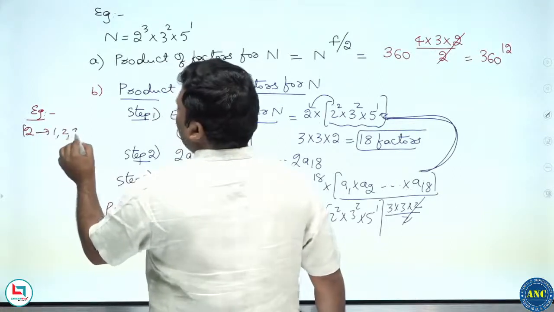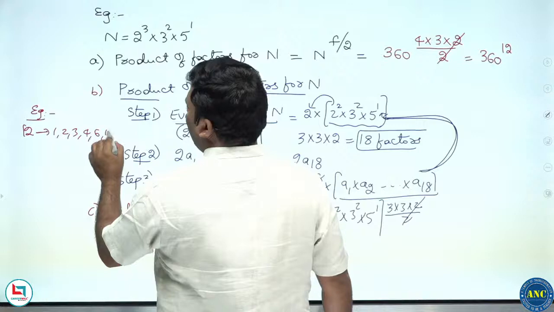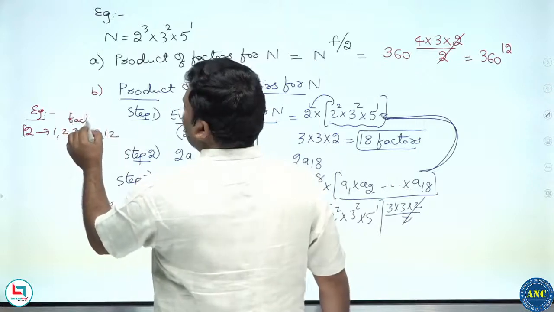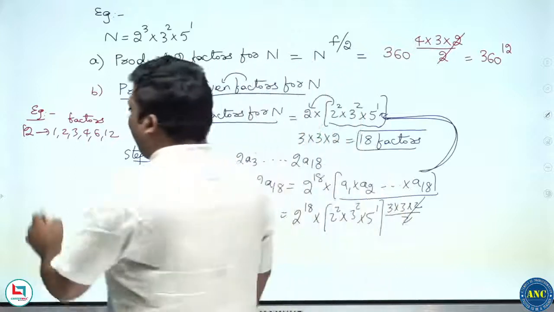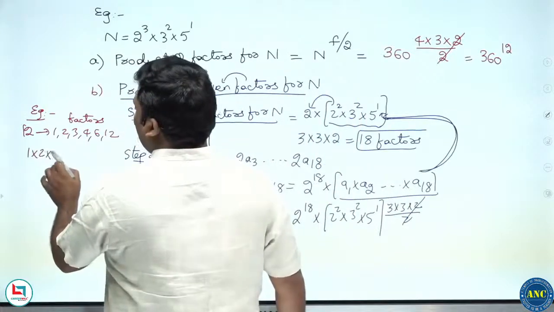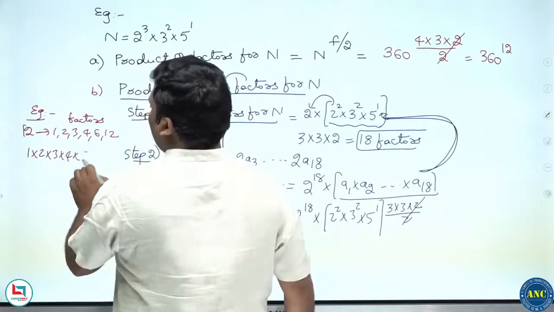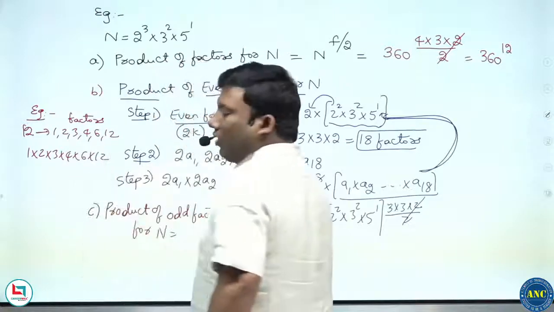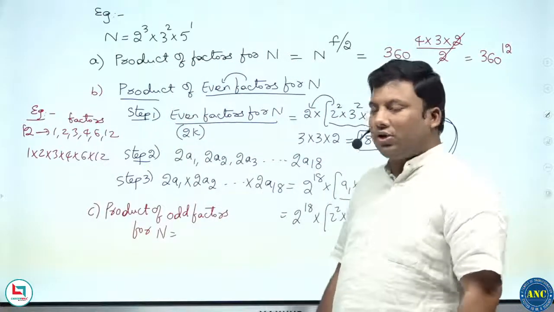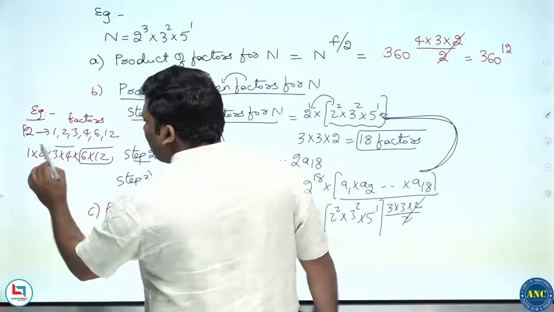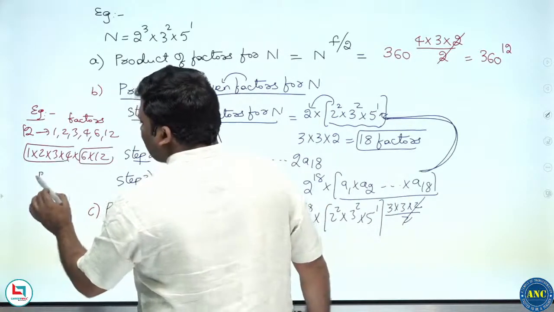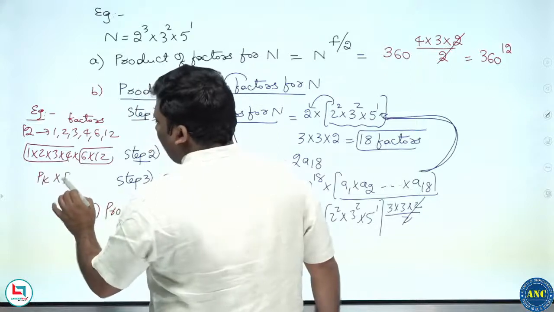Factors for 12 are 1, 2, 3, 4, 6, 12. Am I right? Now let me multiply: 1 into 2 into 3 into 4 into 6 into 12. These are multiples of 6, these are not multiples of 6. pk into pk bar.